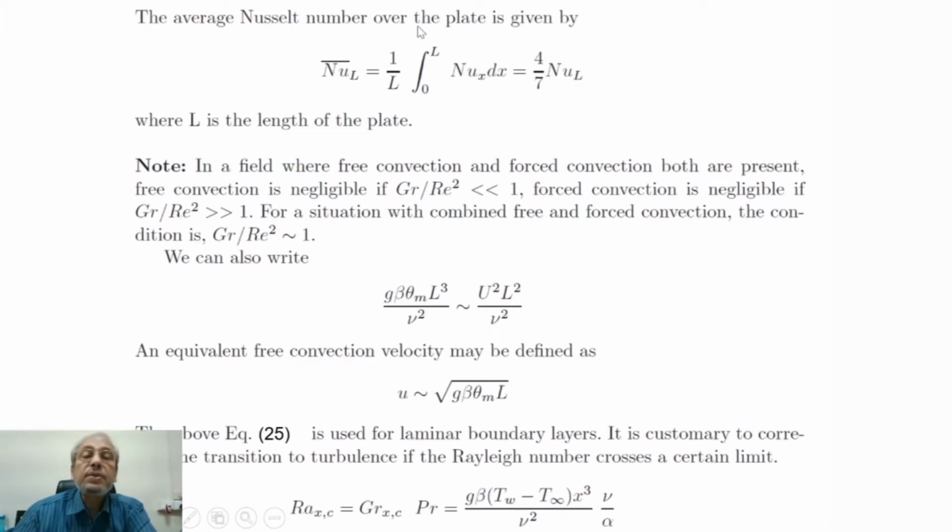The average Nusselt number over the plate is given by NUL bar, which is basically, if L is the plate length, integration between 0 and L of NUx dx, and then divide that quantity by the plate length, and this gives us 4 by 7 NUL.